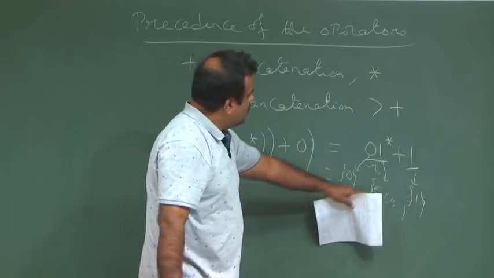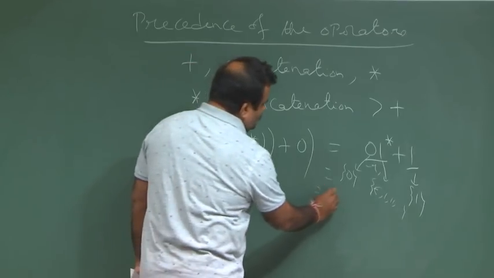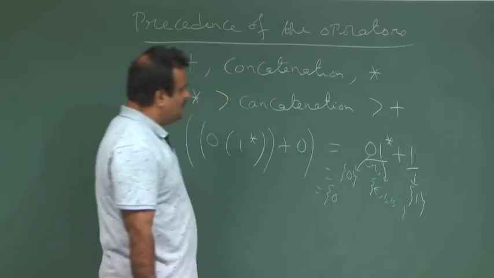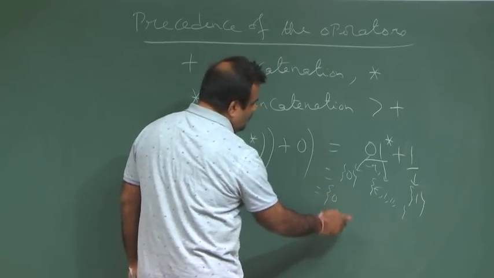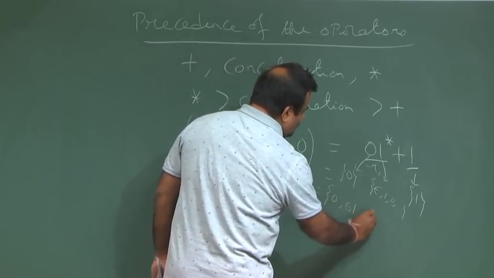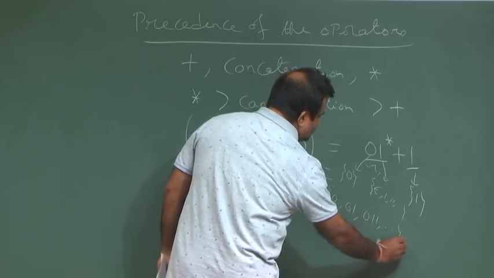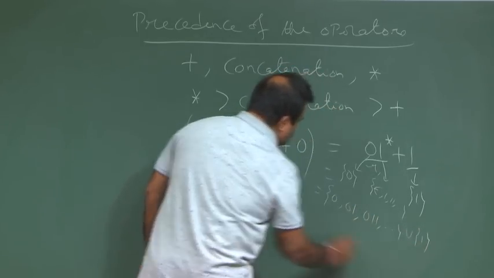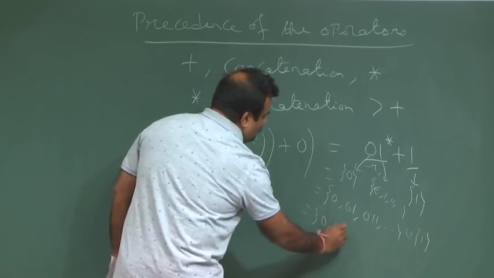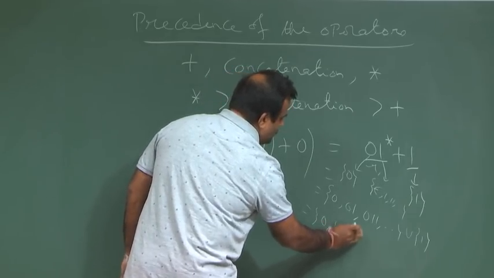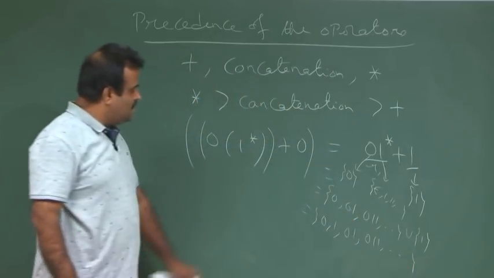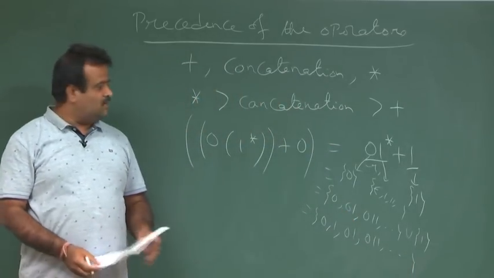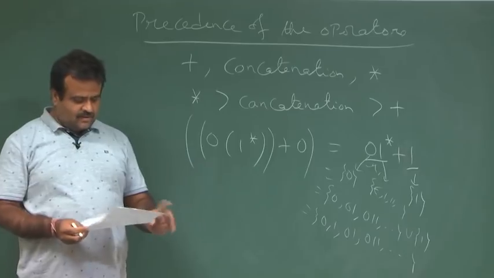Once we concatenate this, it will be any string, not any string, it is basically 0 then 0 1 then 0 1 1 like this, and you are unioning with 1. So, this is nothing but 0 1, 0 1 1 like this. This type of string will appear in this. Okay.